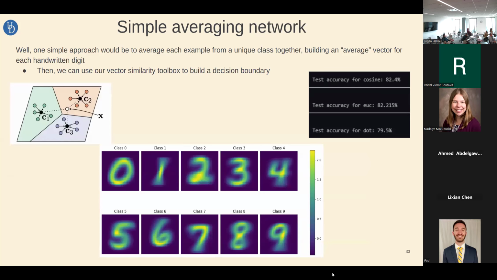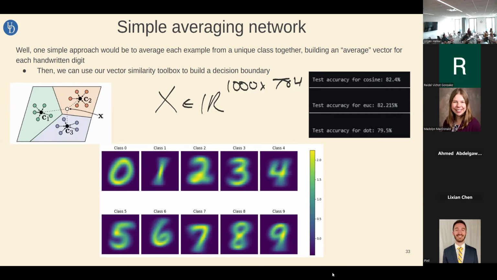One approach: maybe we don't need a neural network, right? What if we just took each class, let's take all the zeros, and flatten them into one big vector for each one. Let's say there's 1,000 zeros, all 784-length vectors. So that X matrix is going to be 1,000 by 784. What if we just averaged across all the rows, leaving one big column?